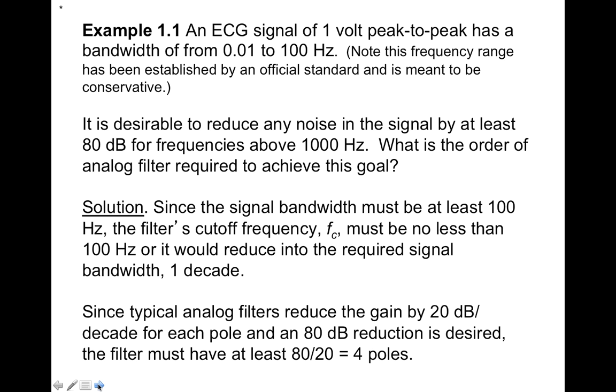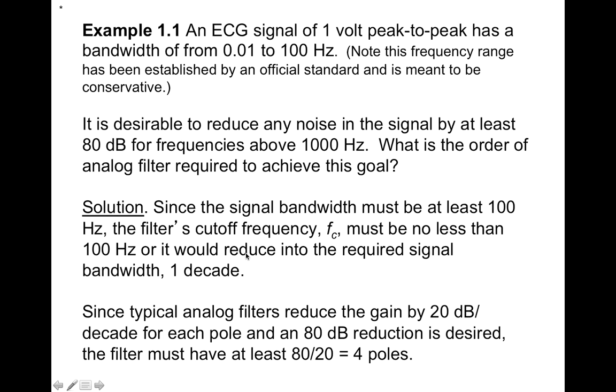So this would be the example of the kind of specification that you would get to design a filter that would operate in this way. So if you want to reduce the noise in the signal by 80 dB for frequencies above 100 hertz, then that means from 100 hertz to 1,000 hertz, you would want to decrease by 80 dB.